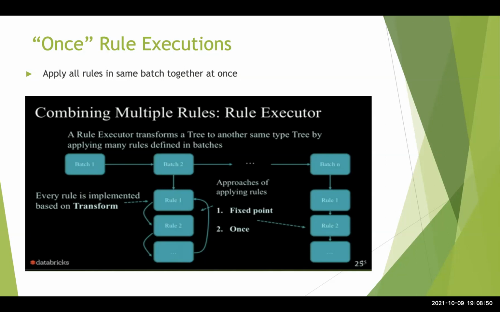So instead of going through this loop again and again, you can say the fixed point is here; till the fixed point is reached, you just keep applying. And for a particular batch, you can say you apply it only once. That's also possible, and we'll see the Spark API which you can use if you want to create your own rules and specify these configurations.